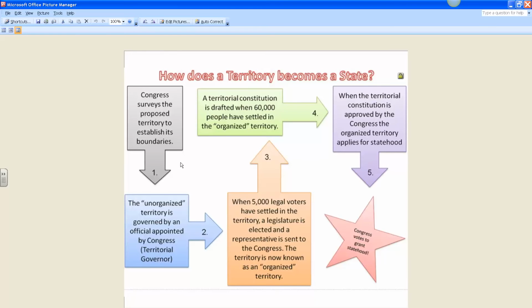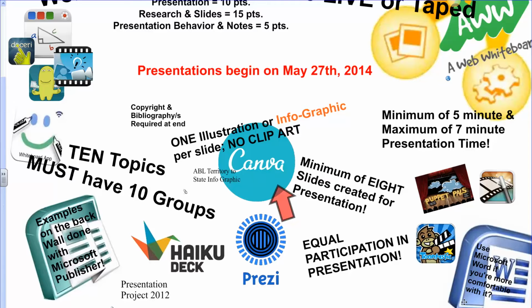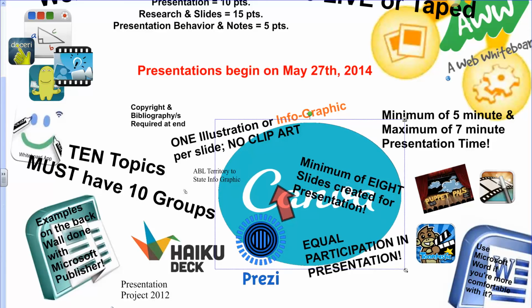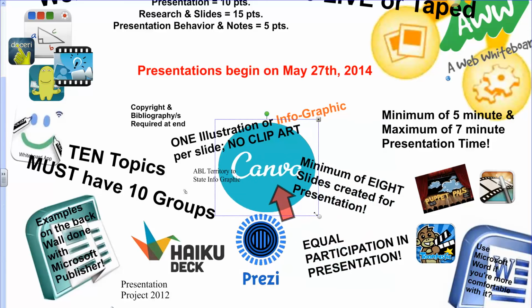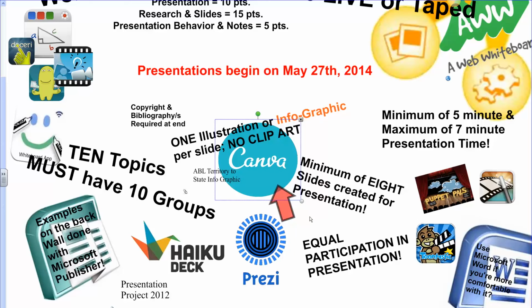You may create an infographic such as this, and it will count as an illustration for each slide. There is a computer product known as Canva, and Canva is a creator of infographics. It is free, and if you go to the website titled Canva, you'll see here how you can make infographics.